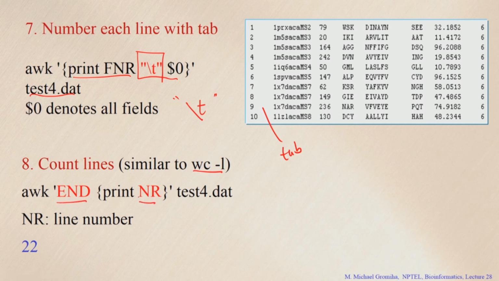Number of records, the line numbers. So, you can see NR. How many lines are there in this particular file, test4.date, the input file? It counts all the lines. So, you will get a total of 22 records, 22 lines in this particular file. It is similar to WC minus L in Unix.